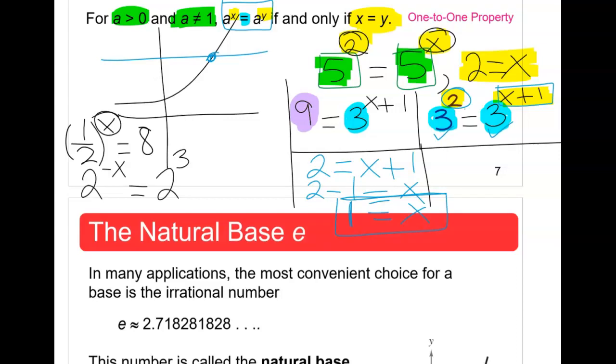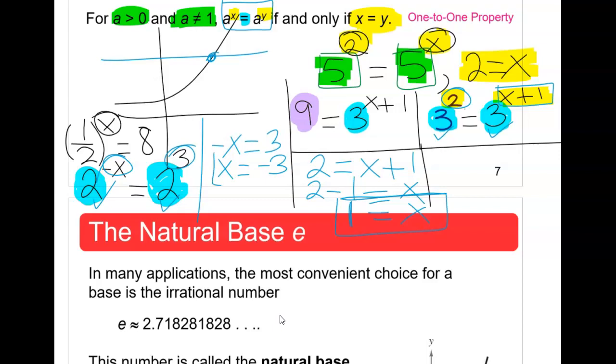So I force this to be with the same base, which is 2. Now that we can confirm that 2 is equal to 2, we can say the exponents must be equal as well. So negative x is equal to 3. That means that x is equal to negative 3. And that is how you use it.